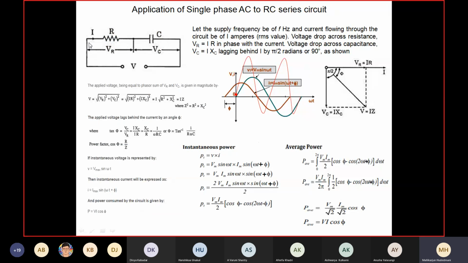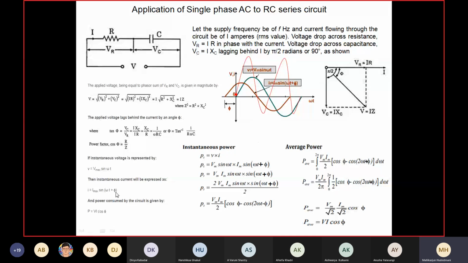Then instantaneous power I can do. Before doing the instantaneous power study, are we able to draw the waveforms? Yes, we are. Look into the blue line. Vm sin omega t, I can draw this. What is the current that resulted? I max sin(omega t plus phi).